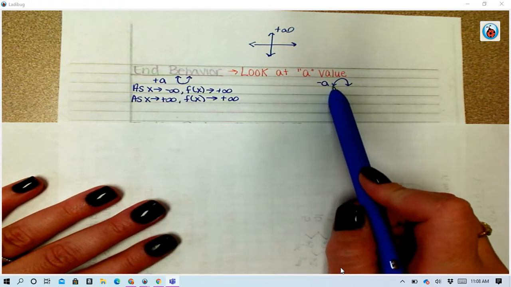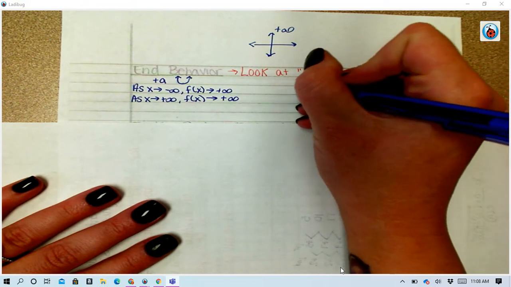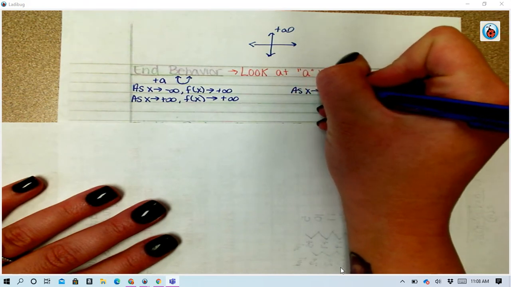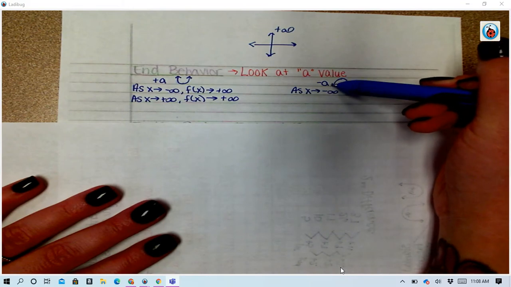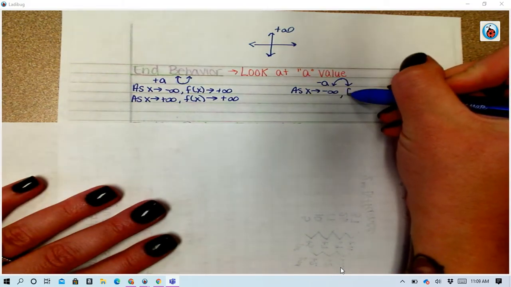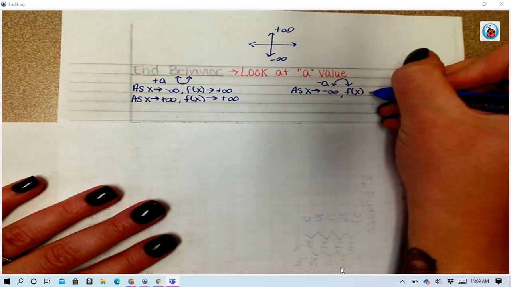The opposite is true for a negative a value. As x goes to negative infinity, so on the left-hand side, your arrow points down, which means your y values go towards negative infinity.